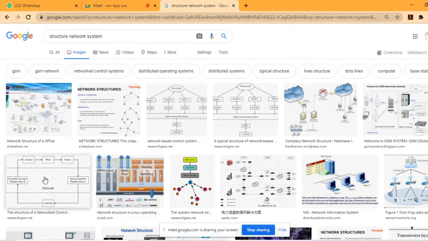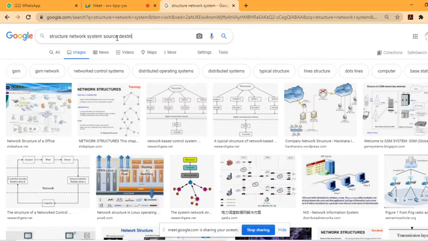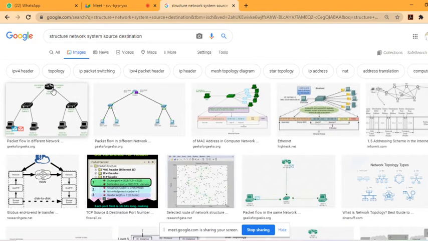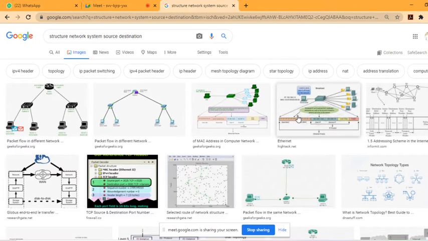This is another source. Source is there, this is the source, these are the destinations.